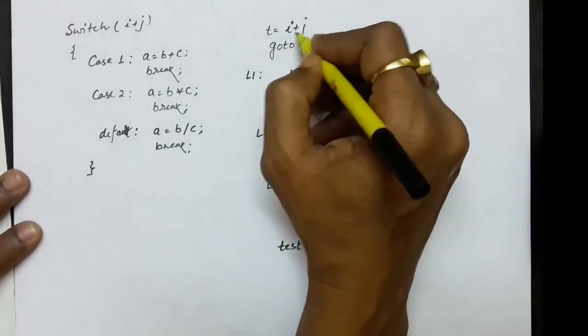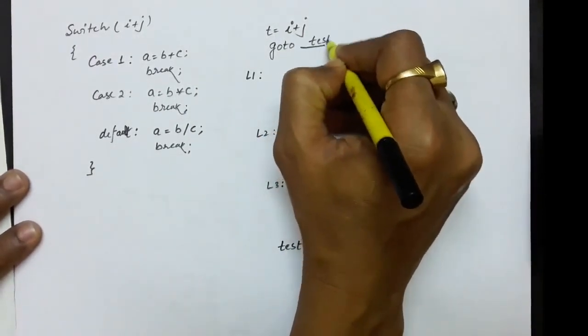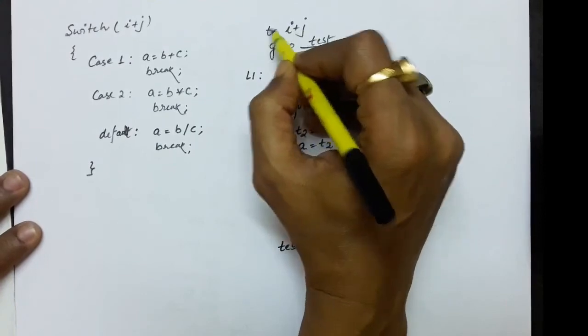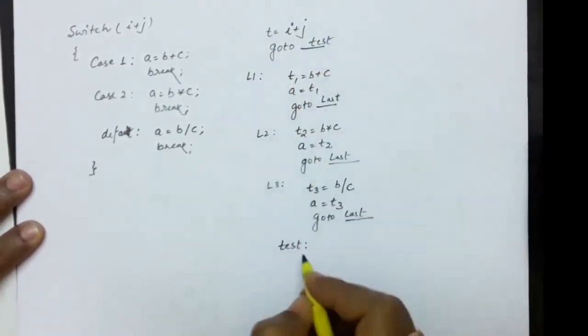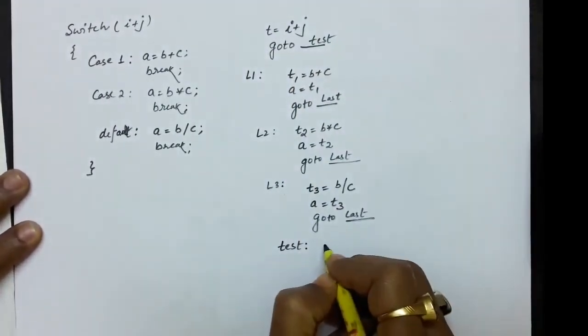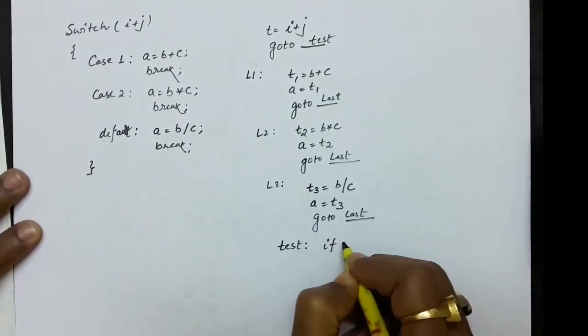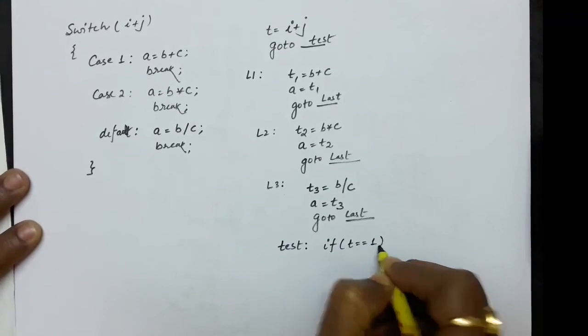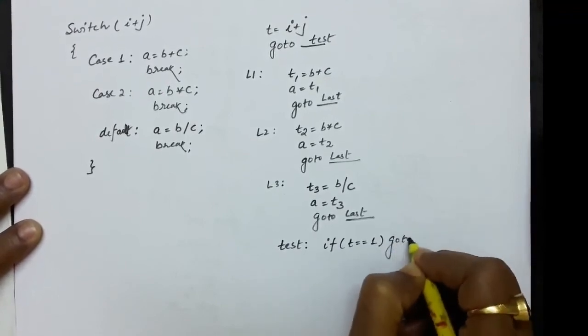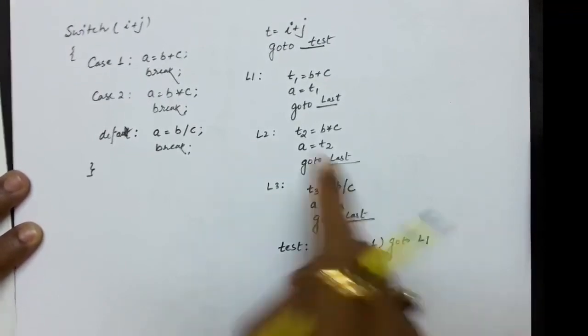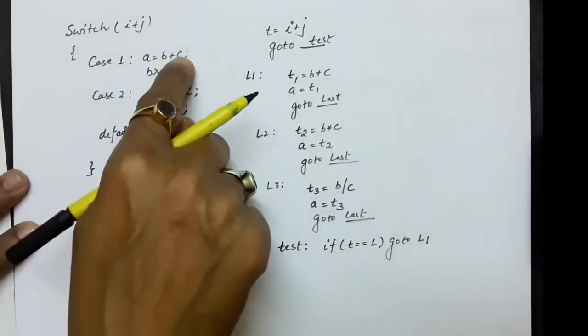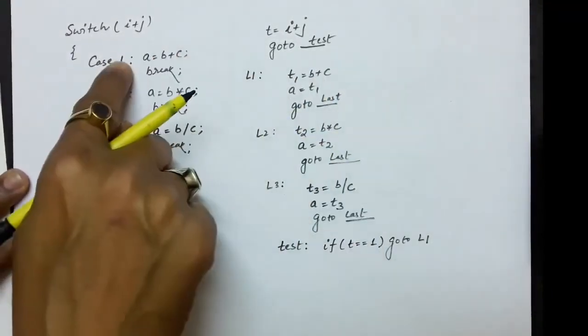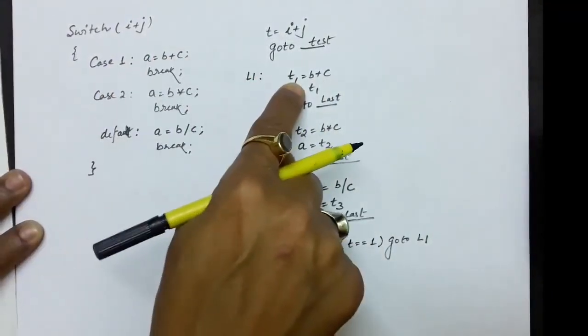So let's say after computing the value of I plus j in t, we are going to test, and test checks the value of t. If the value of t is 1, then it makes a conditional jump to level 1. Case 1, level 1. If the value of I plus j is 1, we are going to this level.